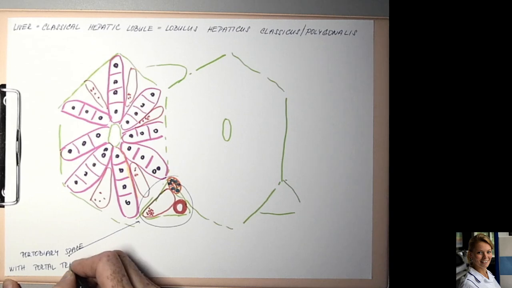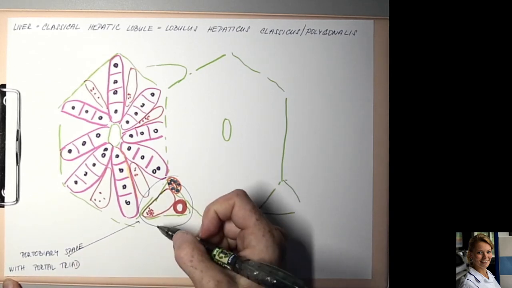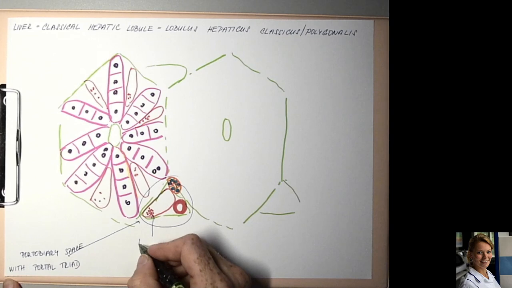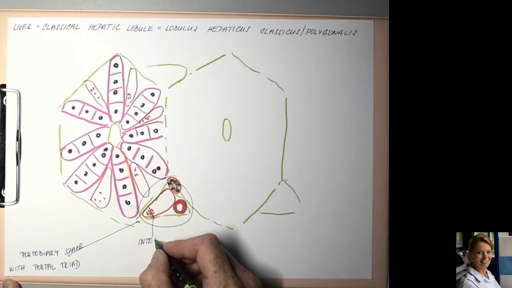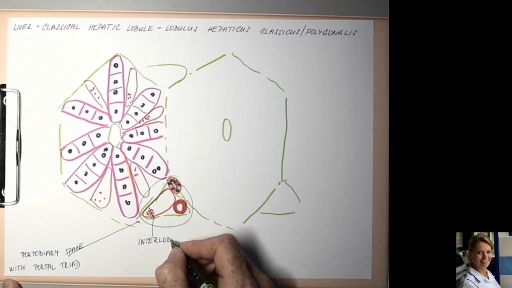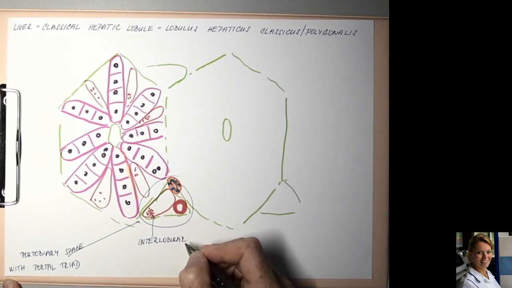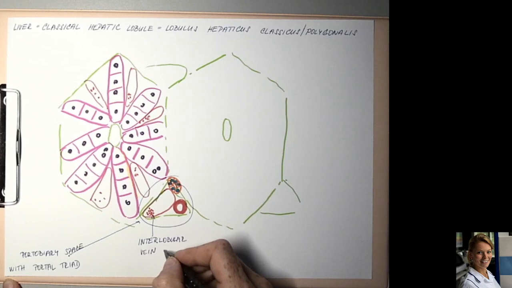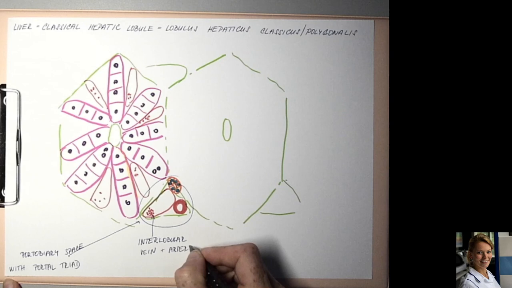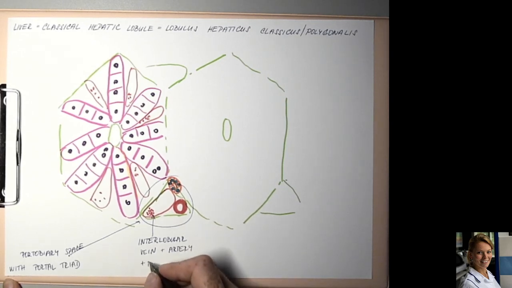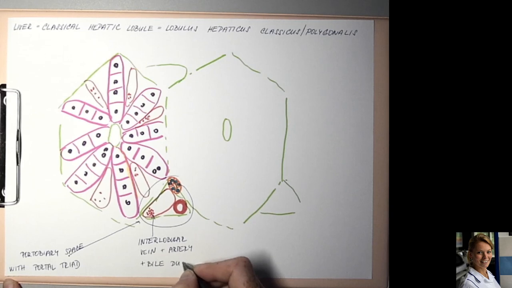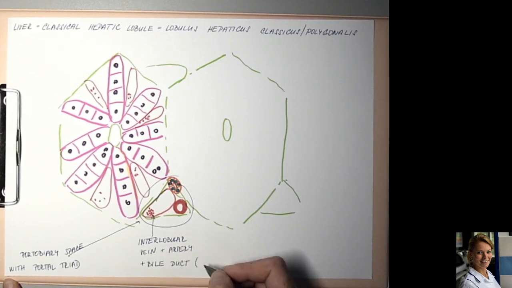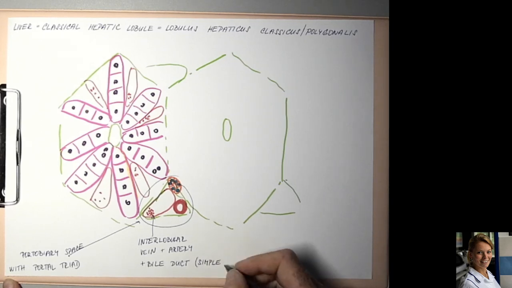The portal triad consists of interlobular vein plus artery and bile duct. Bile duct is lined with simple cuboidal epithelium.